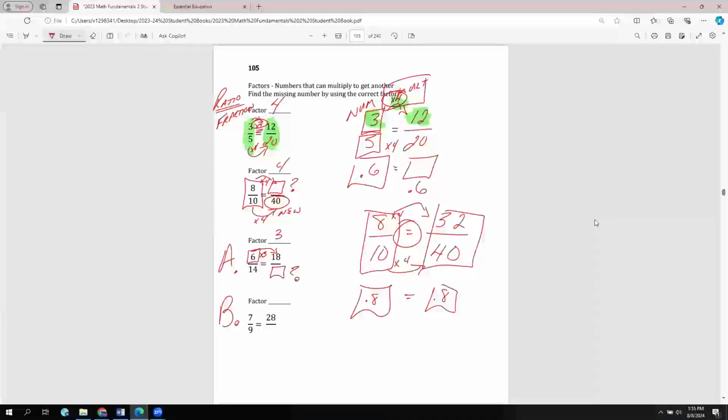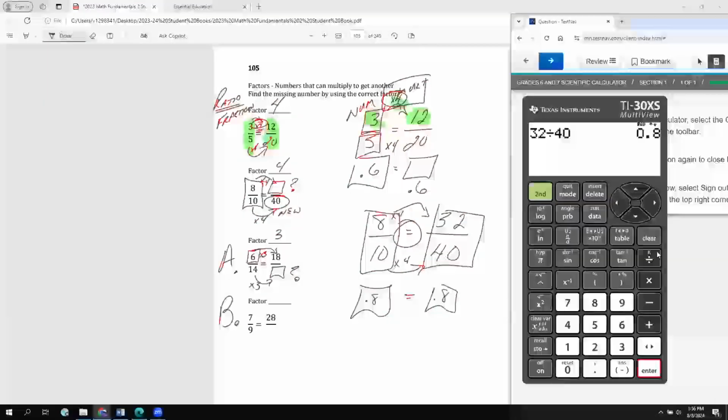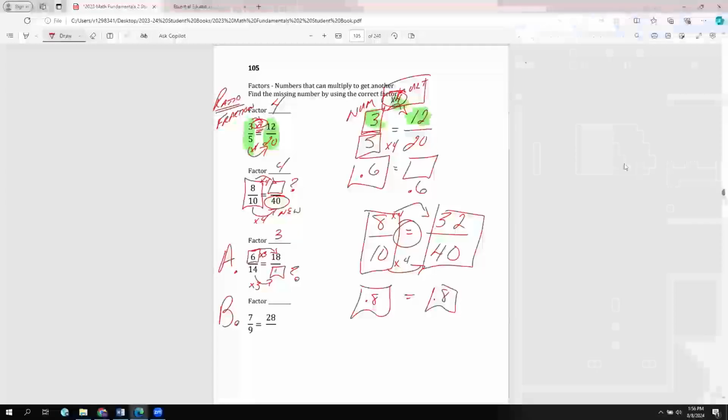So if it's 6 times 3 to become 18, then I also have to do the same to this denominator. So 14 times 3, I'm going to go ahead and use my trusty calculator because I do not trust myself. 14 times 3, 42. So that means this missing denominator is 42.